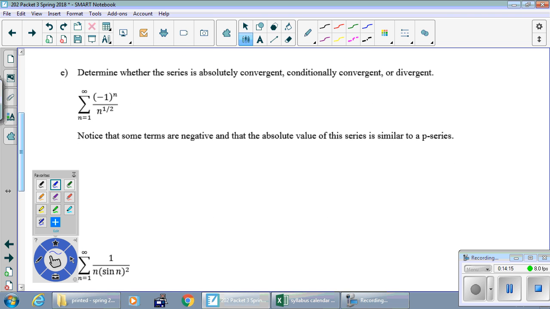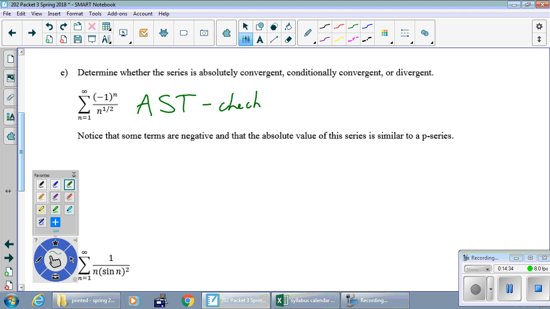Okay, part E, determine whether the series is absolutely convergent, conditionally convergent, or divergent. Okay, let's try this one. So again, we've got an alternating series happening here. And so task 1 is to just use the alternating series test on this series in its original form.